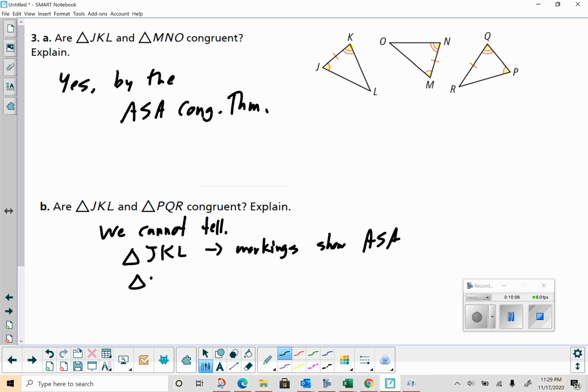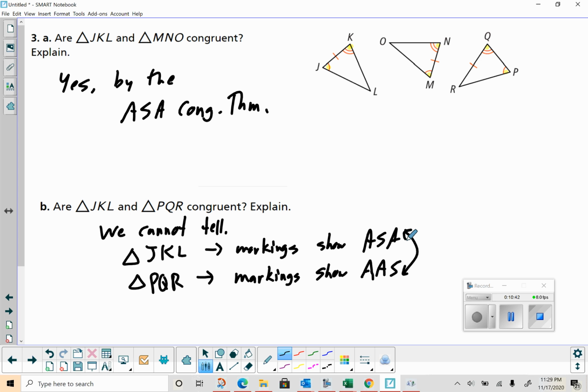For triangle PQR, we have two angles and the non-included side. So that's angle-angle-side. If these two are not the same, you can't say that they are congruent.